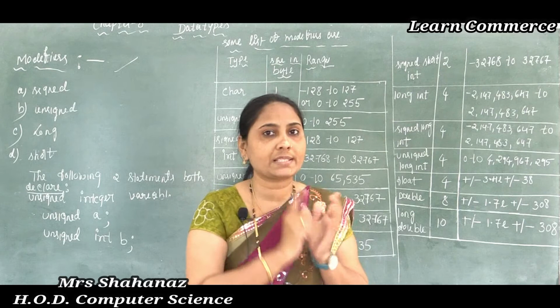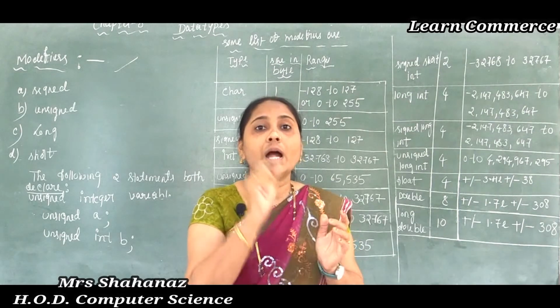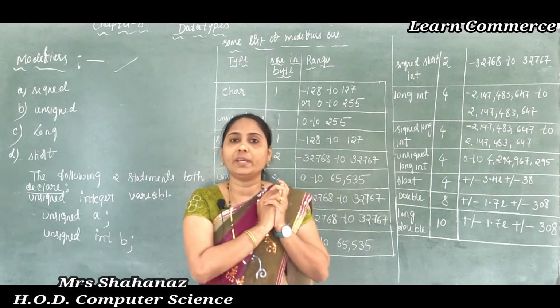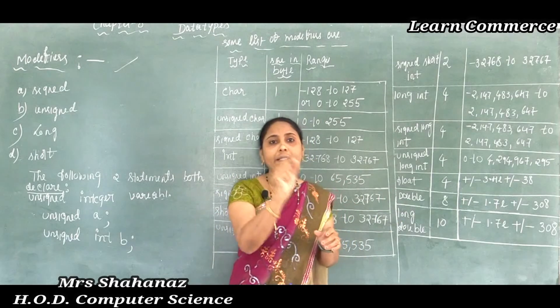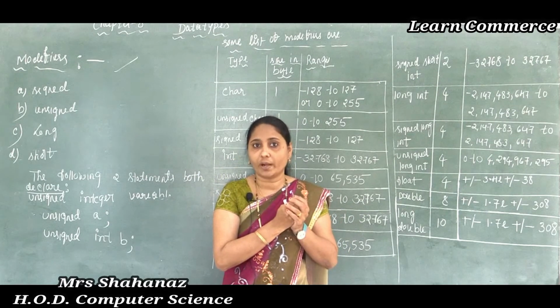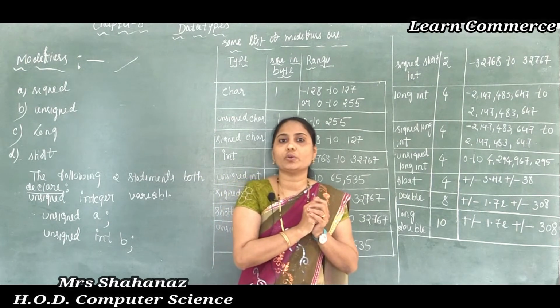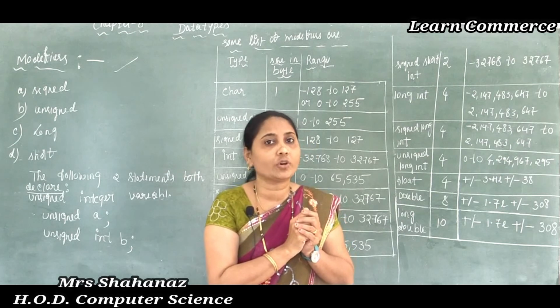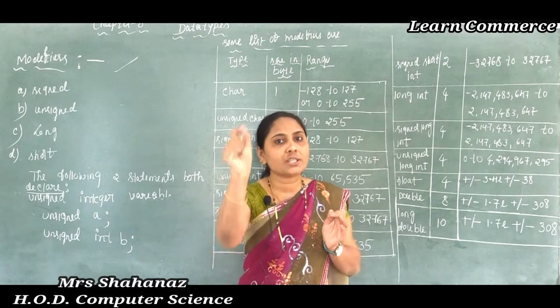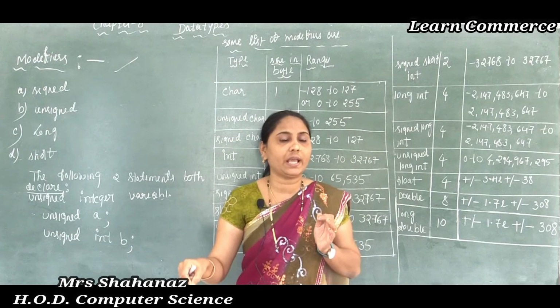One simple example without using the modifier: we can write int b. That means without a modifier. But when you use a modifier, how do you write it? unsigned int b. This is just an example.